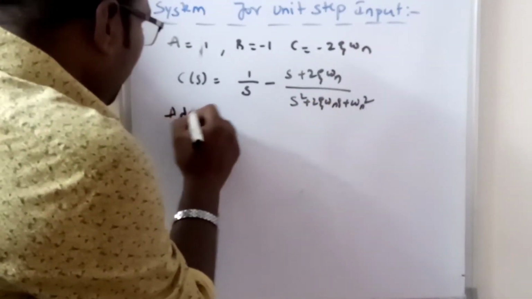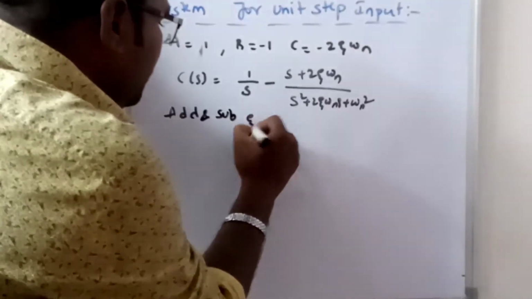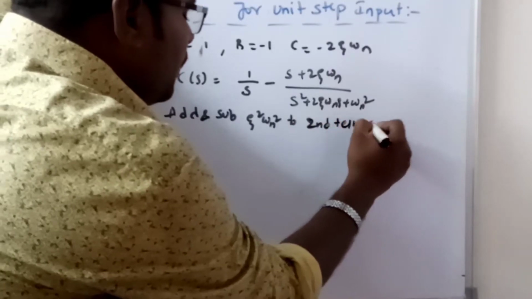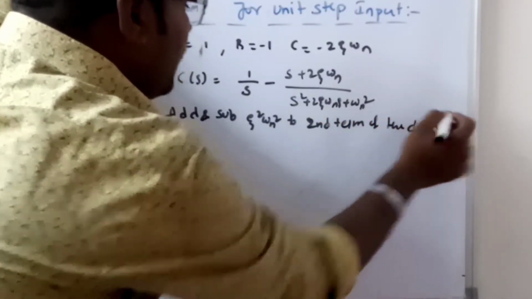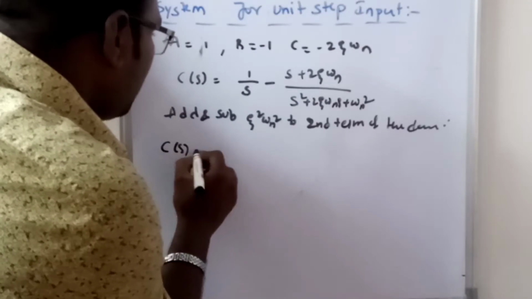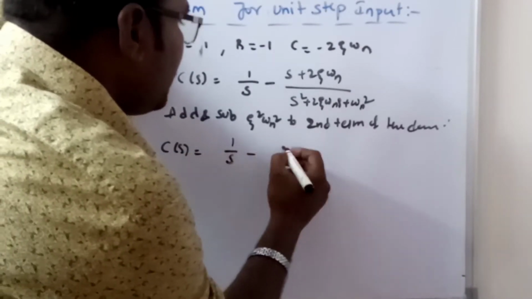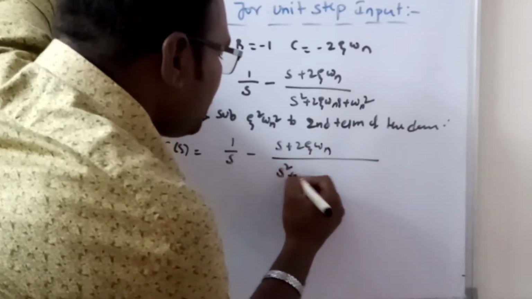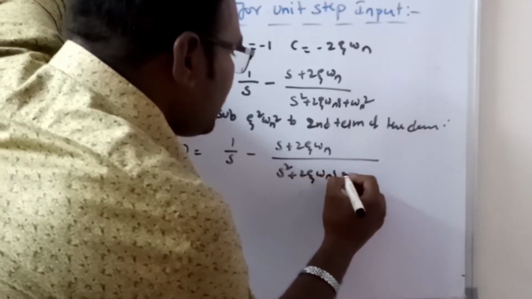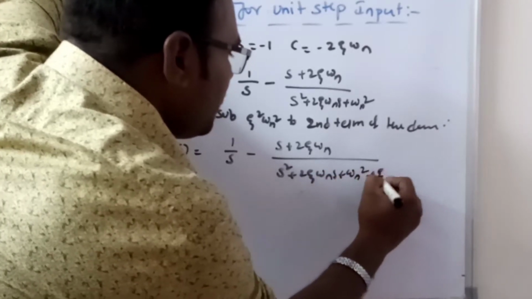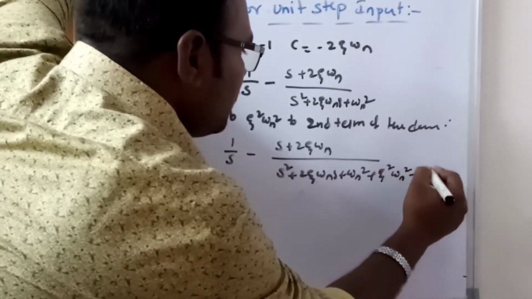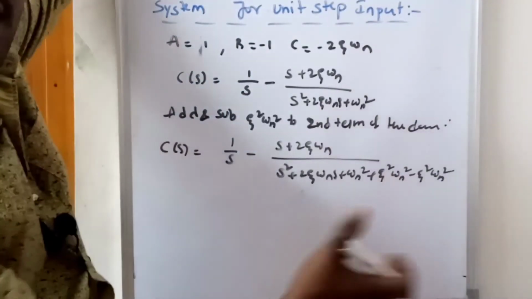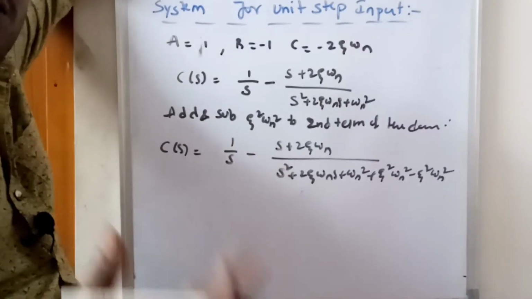So C of s is equal to 1 by s minus, s plus 2 zeta omega n by s square plus 2 zeta omega n s plus omega n square plus zeta square omega n square minus zeta square omega n square. Since we add and subtract, the equation doesn't change. No values are changed by doing this.